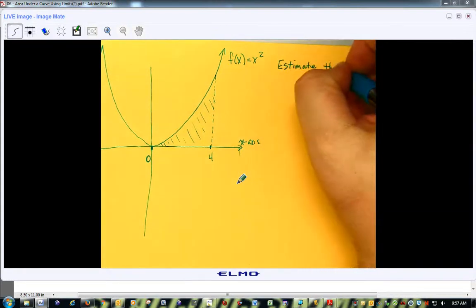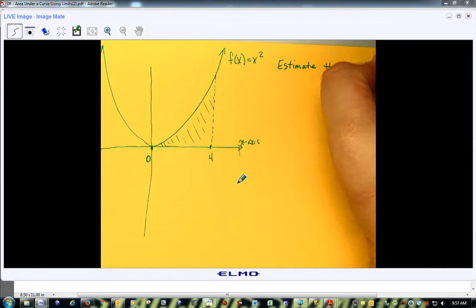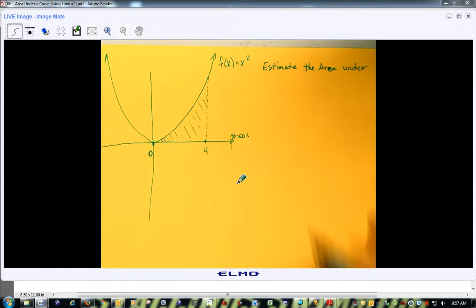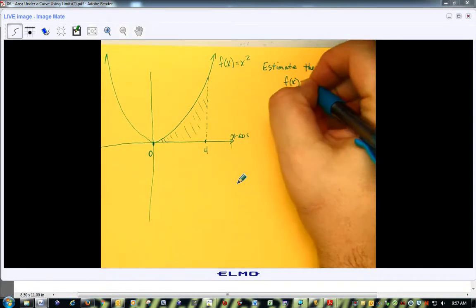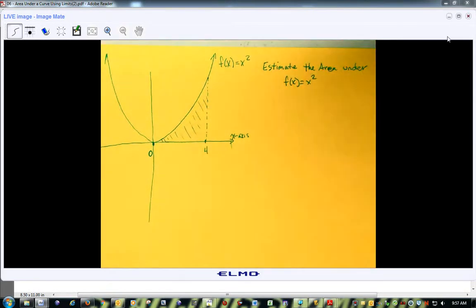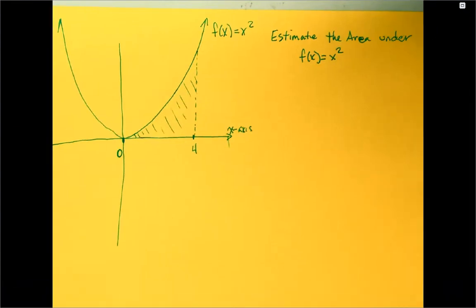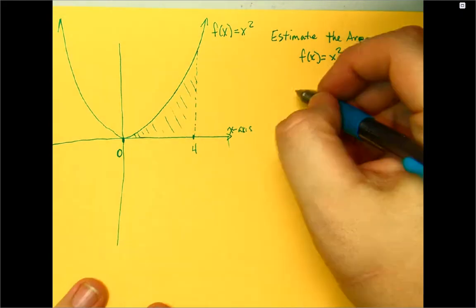So we're going to estimate the area under f of x equals x squared. And by doing so, we're going to have to do a lot of adding, believe it or not. Now, there's a method to how we go about doing this.